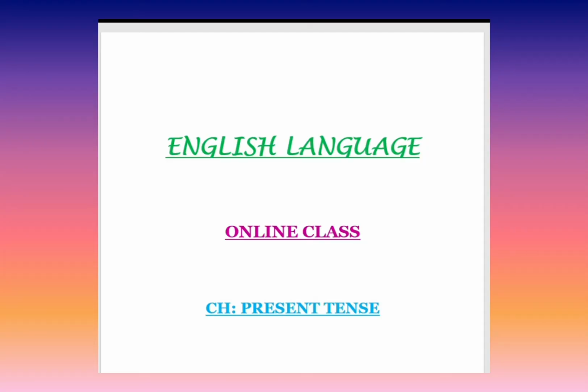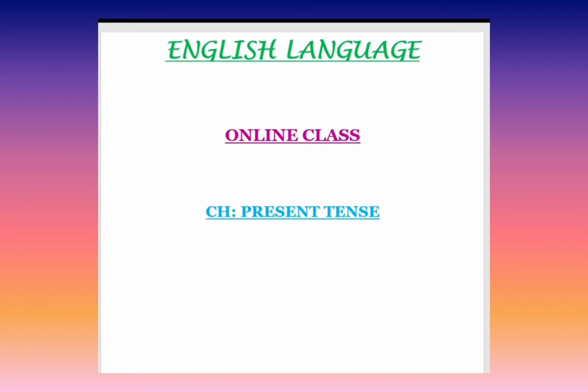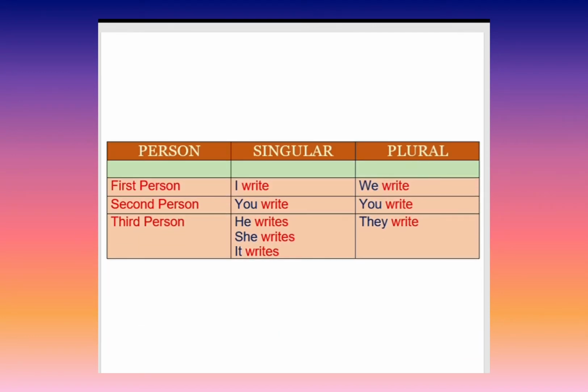Here you see there are three persons: the first person, second person and third person. For first person, singular and plural, we are using the pronouns I and we. For second person, the pronoun which we are using is you.